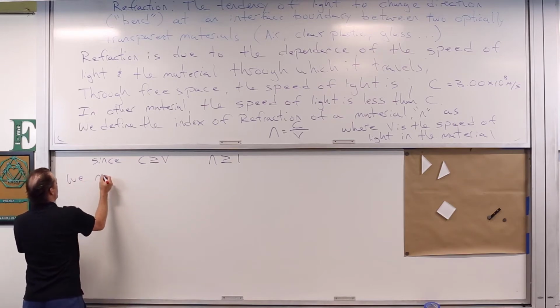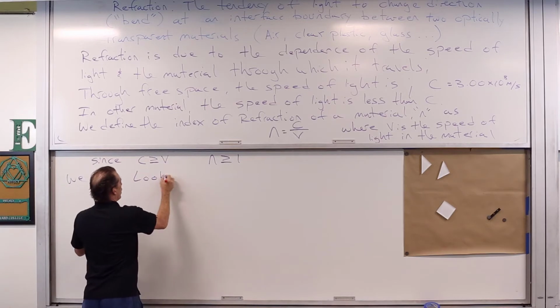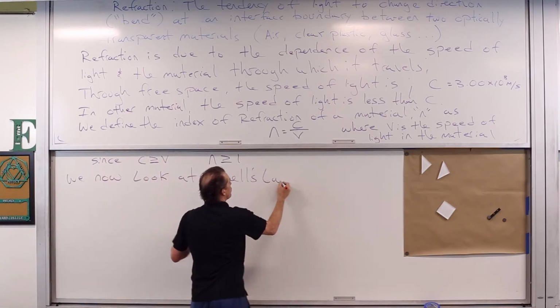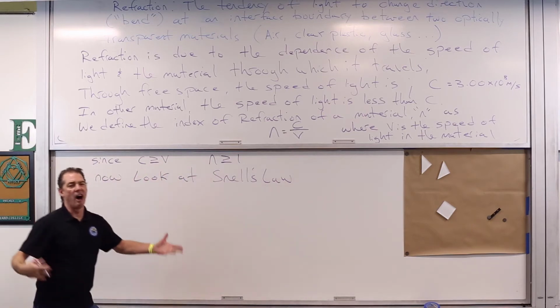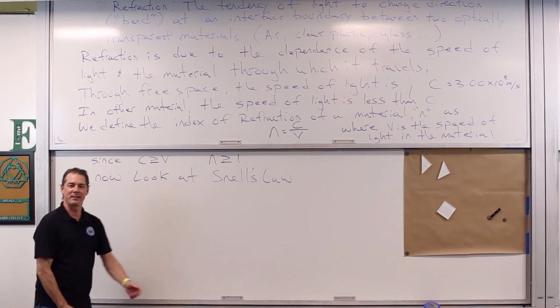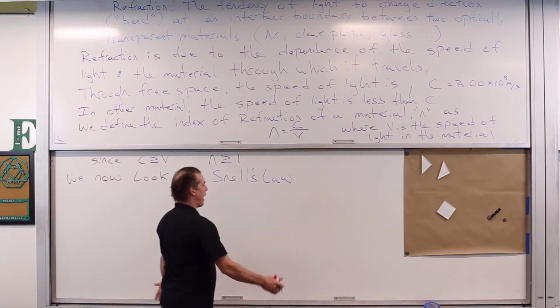We now look at Snell's law, which is ultimately the law of refraction, but Mr. Snell got some credit for it because he kind of put some stuff together and ultimately came to some expression that correlates changes in angles and indices of refraction.